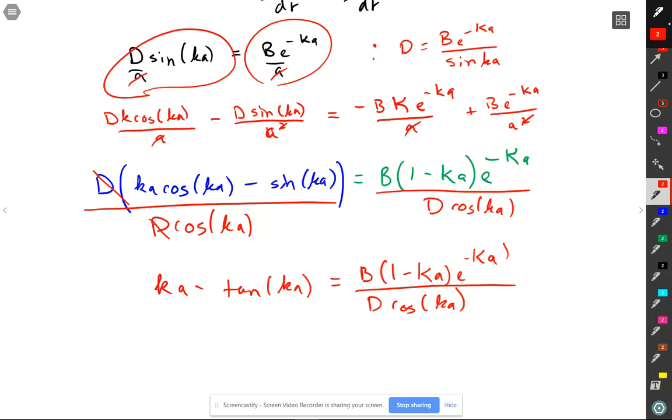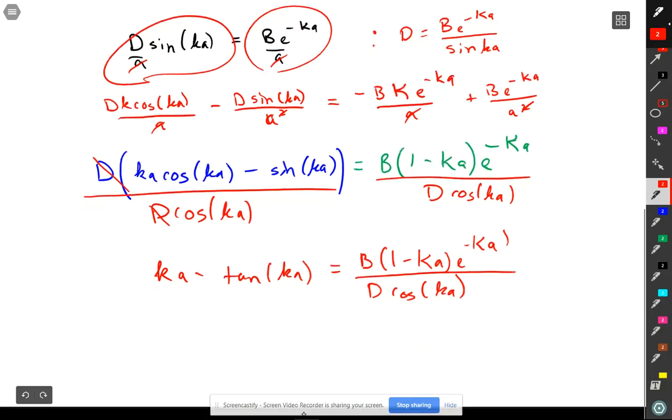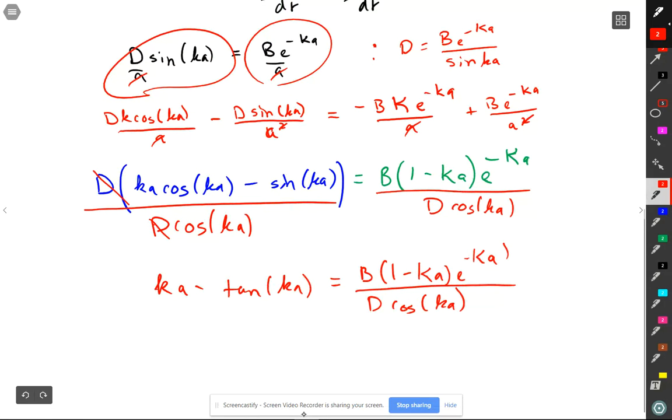Sorry, I got some of my teeth here. And so now taking this and letting d equal b e to the minus kappa a over sine kappa or ka, I have to write down below.